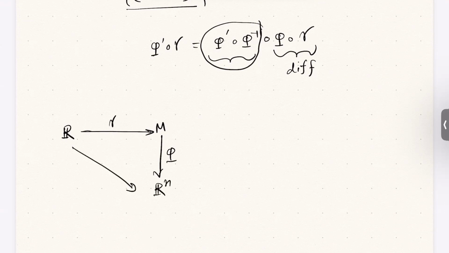Then this will be phi prime after gamma. But I know the differentiability of this map, which is a map from the real number set to some Rn, right?